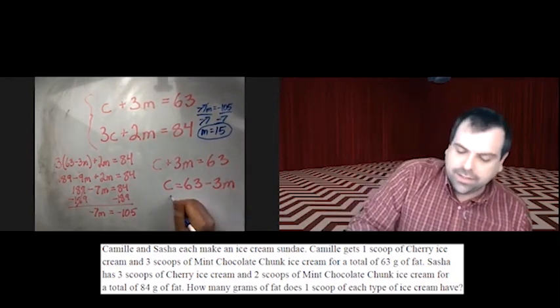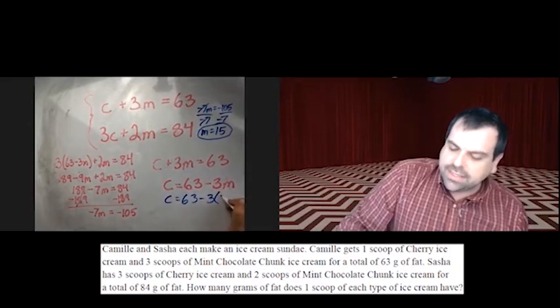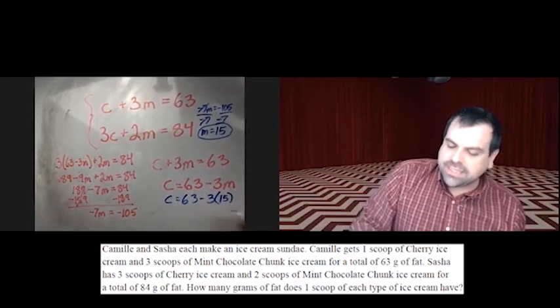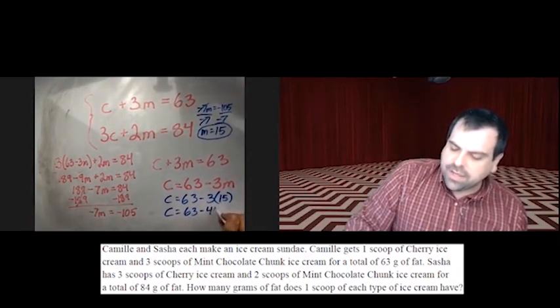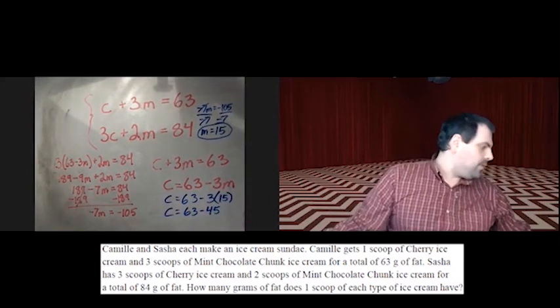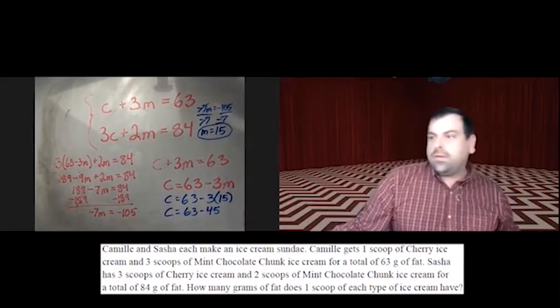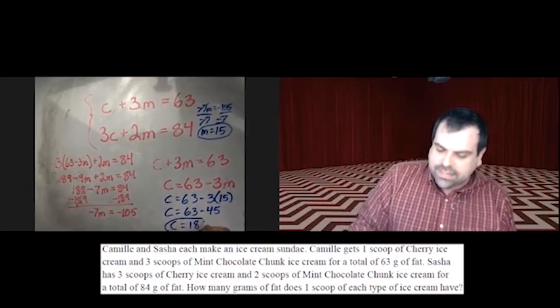Plug that in here. C equals 63 minus 3M. C equals 63 minus 3 times 15. C equals 63 minus 45. C equals 18.